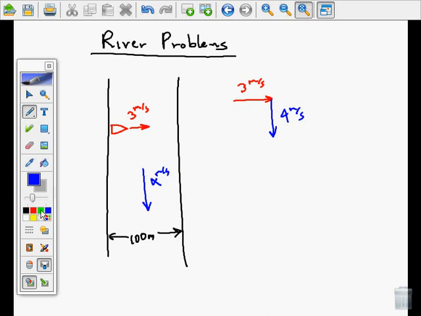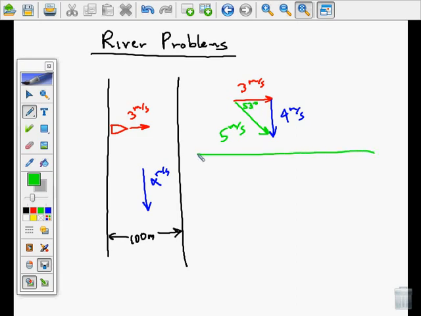And then the resultant would be 5 meters per second. And then if you use inverse tangent, I think this angle in here turns out to be 53 degrees. So the resultant velocity would be 5 meters per second, 53 degrees clockwise from the positive x-axis.